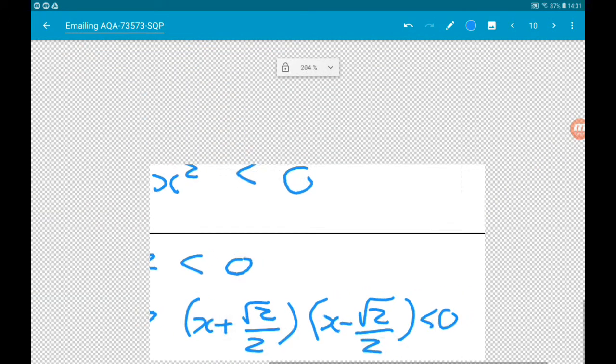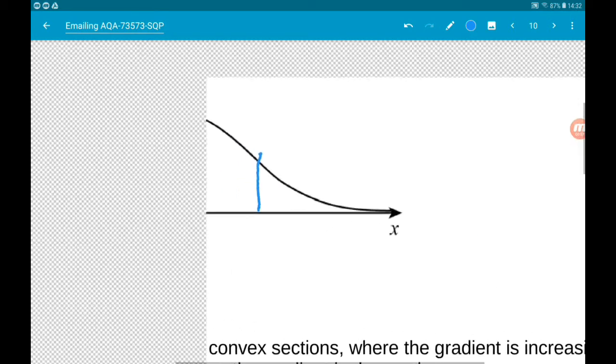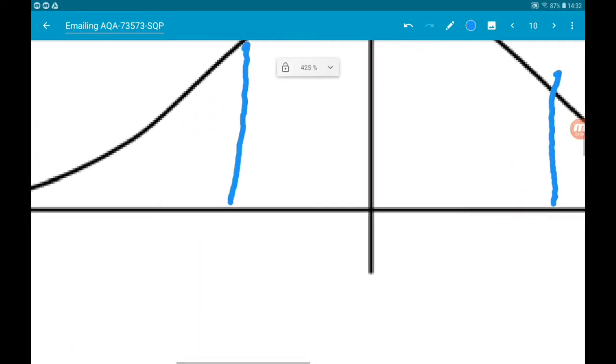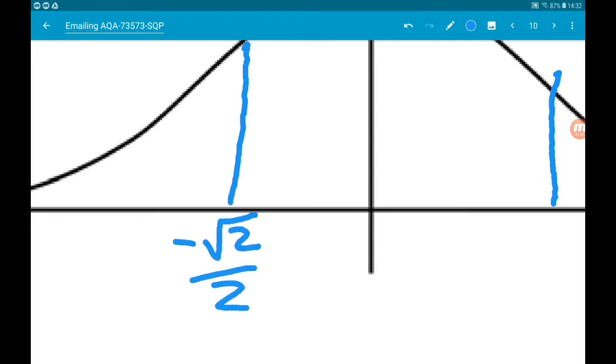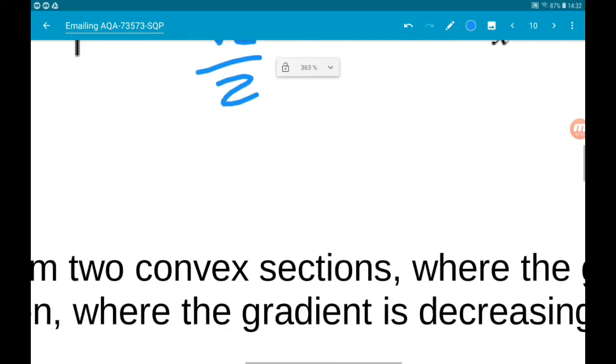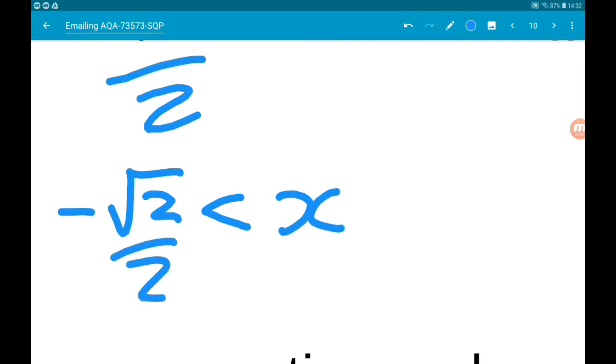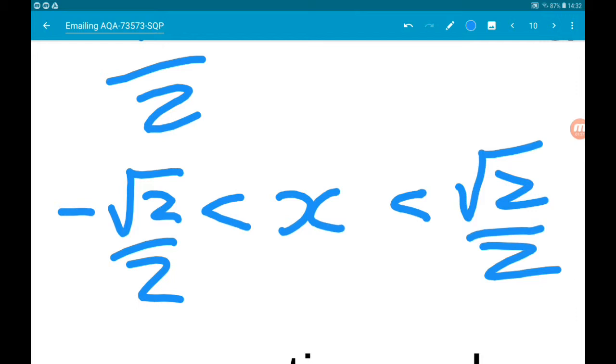So that tells us that the x values at these 2 points are minus root 2 over 2 and positive root 2 over 2. So our final answer, I've run out of room down there, is x is greater than minus root 2 over 2, but less than positive root 2 over 2.